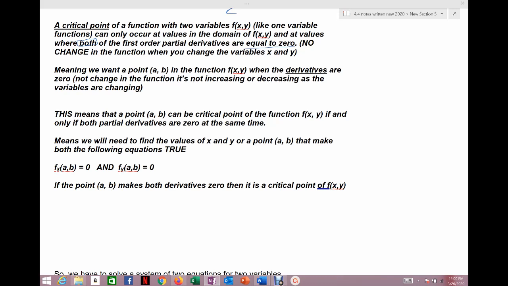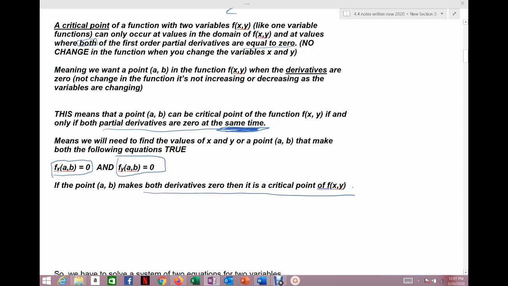What this turns out to mean is we have to find where the partial derivatives are 0 at the same time. Alright, so we need to find an x and y, which is my point A, B, that make both equations true. My first order derivative with respect to x is equal to 0, and my first order derivative with respect to y is equal to 0.